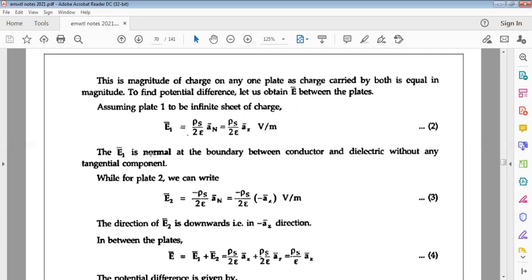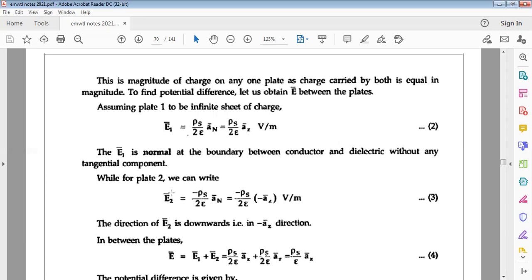The E1 bar is normal at the boundary between the conductor and the dielectric, without any tangential component. So E1 is for the positive charge density, and E2 is for the negative charge density, minus rho s by 2 epsilon, along AN bar.